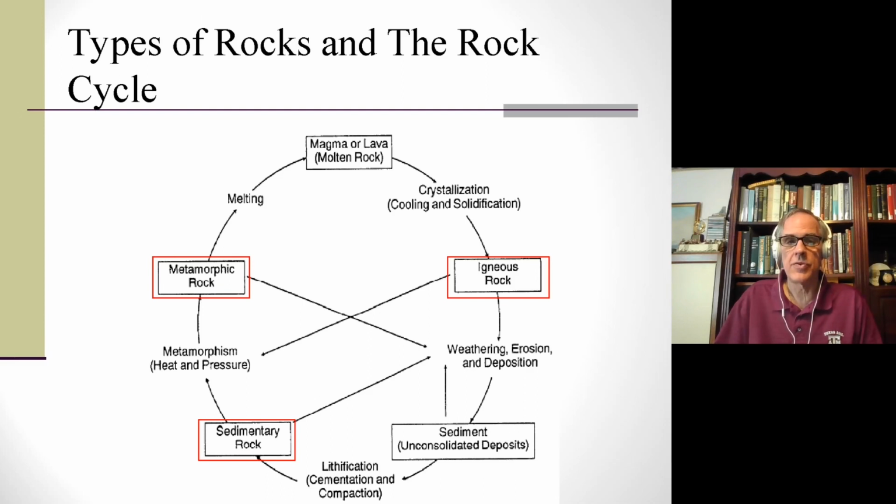And then igneous rock decomposes under weathering to sediment, and then that sediment is usually a soil, and then that soil under lithification, which basically means it makes rock out of it, comes back into rock. And sometimes that sedimentary rock will decompose again.